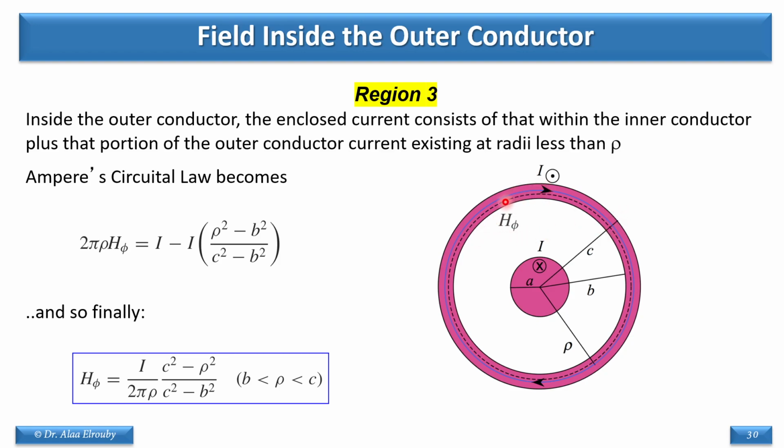What is the current flowing in this shell? It's equal to the density multiplied by pi rho square minus b square. So the current enclosed in the outer conductor equals I multiplied by rho square minus b square divided by c square minus b square.